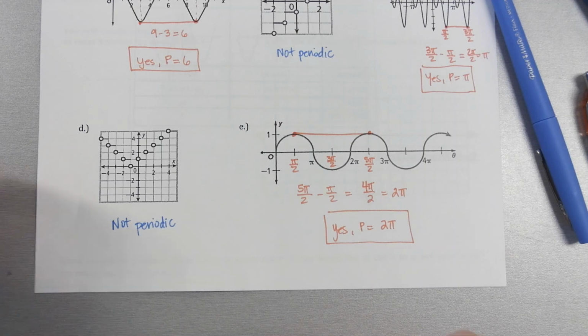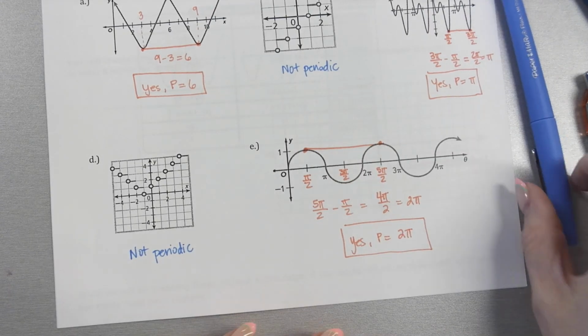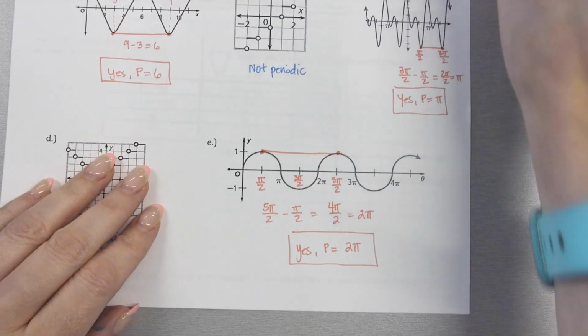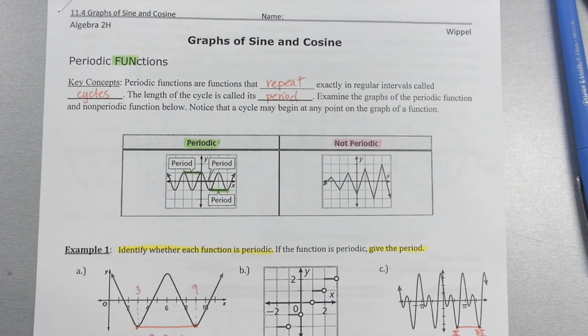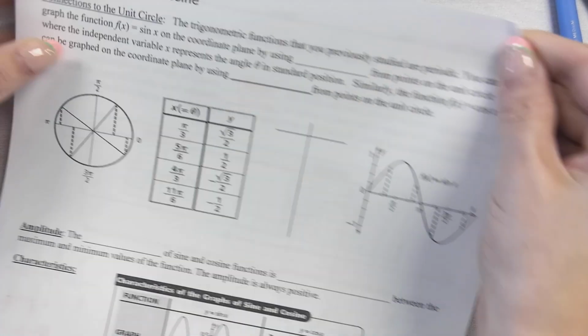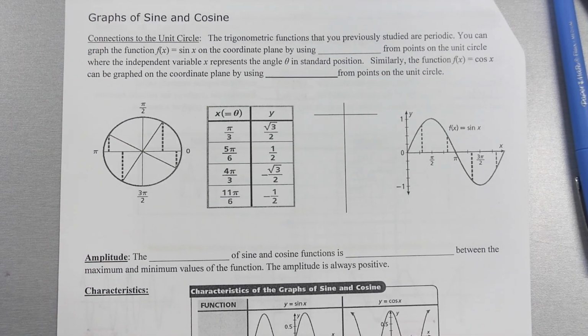Now when we graph trig functions, we're going to be graphing without a calculator. You probably noticed in your packet today, we were working with some pretty simple numbers. We had a lot of ones, a lot of zeros, but they all related to your unit circle. So really, you can use any place on the unit circle to help create those points. The trig functions that we studied before, the sine, the cosine, even the tangent, are periodic.